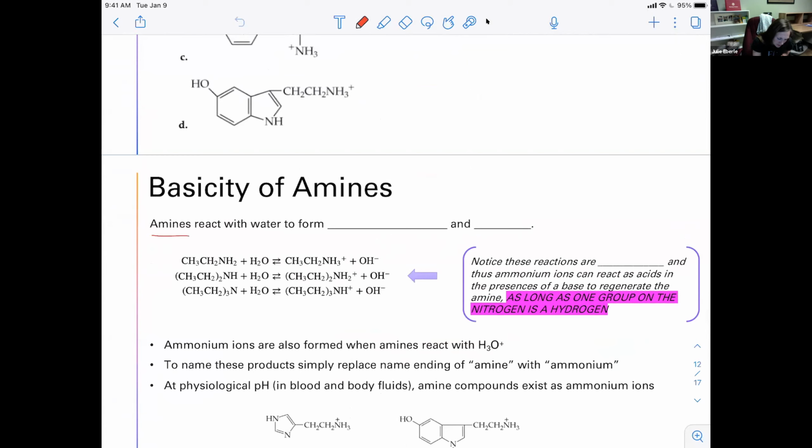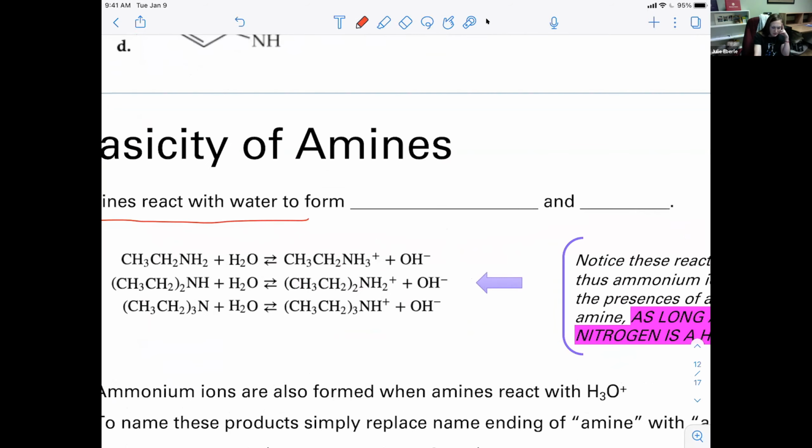So it says amines react with water to form. Do you remember what they form? Look in here, we always get some kind of little plus charge on our amine group. So what do we call it when we have a nitrogen with a plus charge on it?